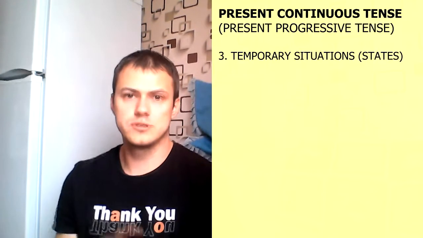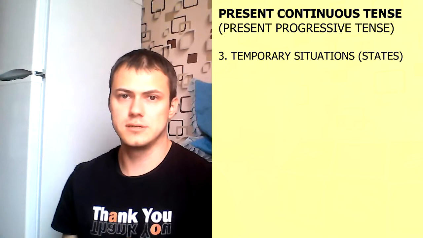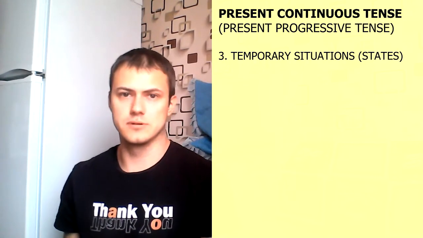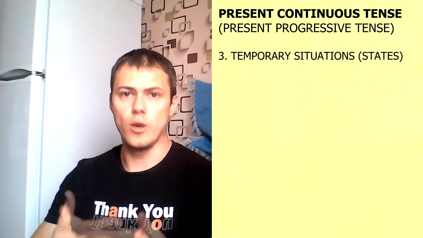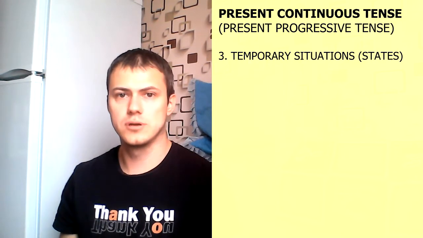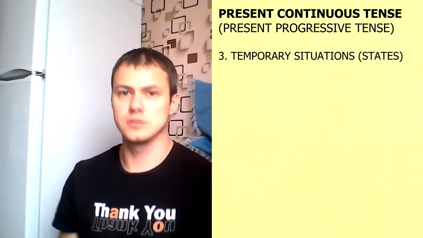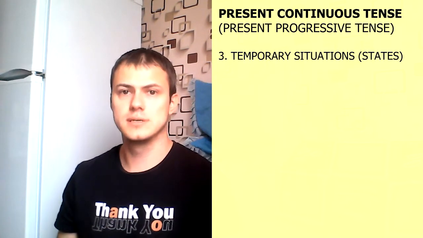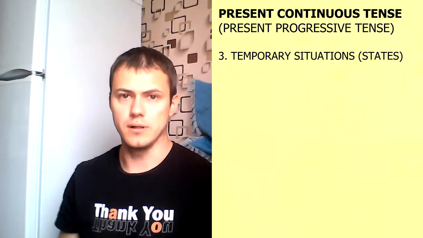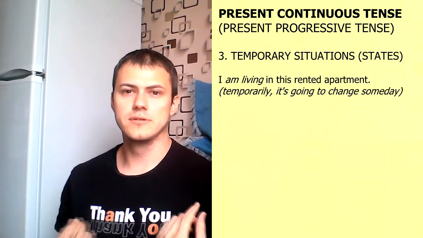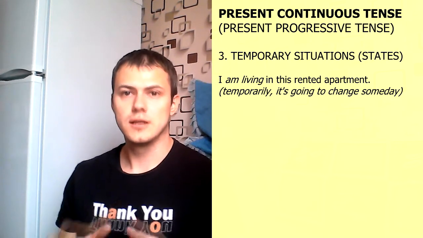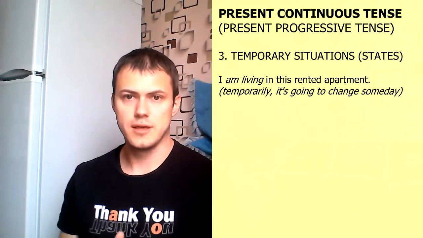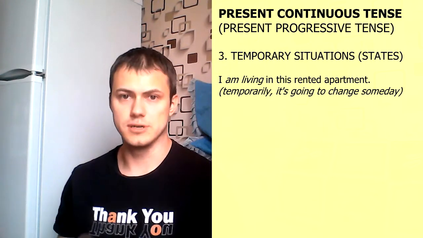The third usage of the present continuous tense, quite similar to the previous usage, is when we are talking about temporary conditions or temporary states. For example, I'm living in this rented apartment. This is not a permanent situation. This is a temporary situation.